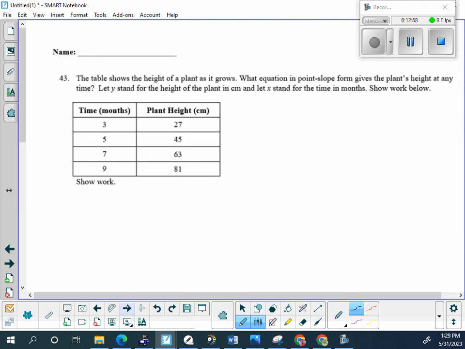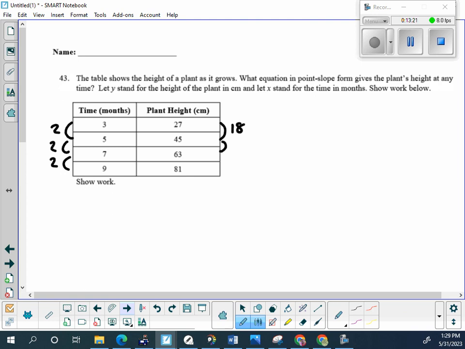Moving on to 43. Showing the work for this, we need to find the slope. 5 minus 3 is 2, 7 minus 5, these are all 2's. And then 45 minus 27 is 18, I believe.